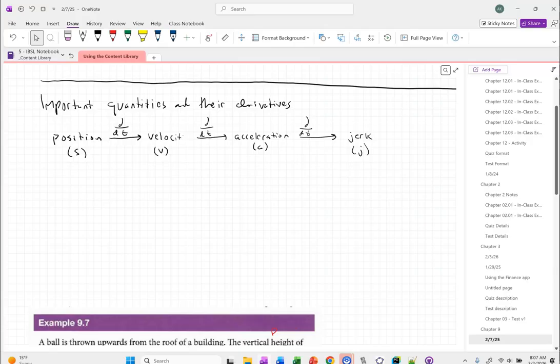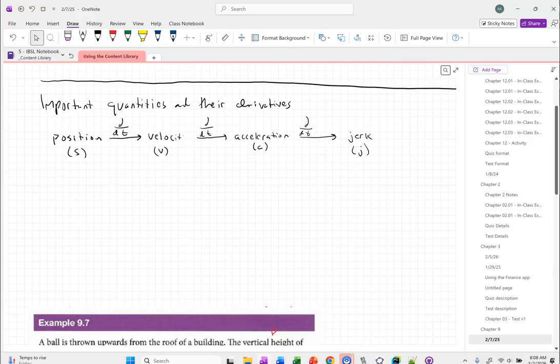So there are three primary quantities, and they're related because they are the instantaneous rate of change, or the derivative, of the previous one. So if I take position, and I look at the instantaneous rate of change in position, we call that velocity. That's the rate at which position is changing.